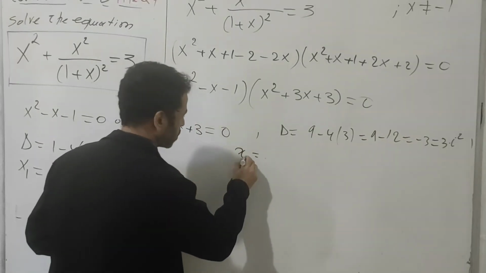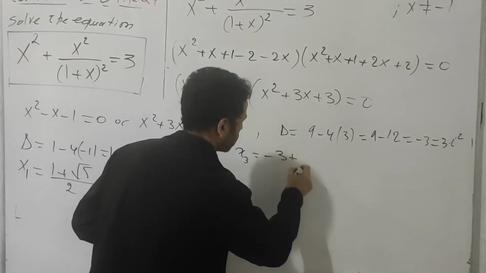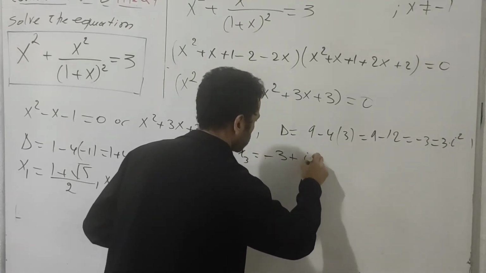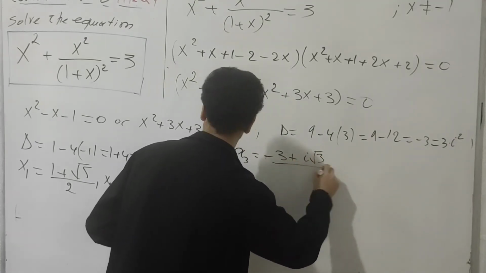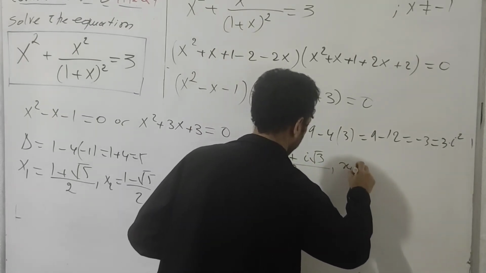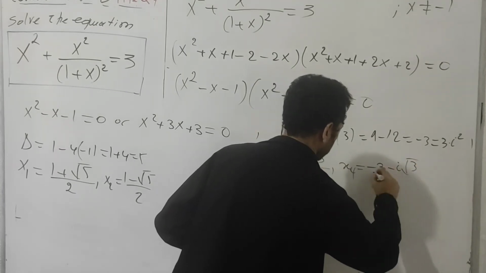For the solution, I will have x3 equals minus b, which is minus 3, plus square root of delta, which is i square root of 3, divided by 2. The second solution, x4, equals minus 3 minus i square root of 3, divided by 2.